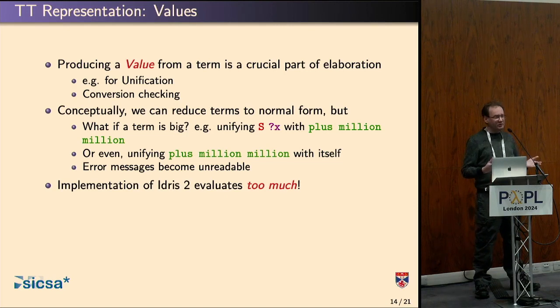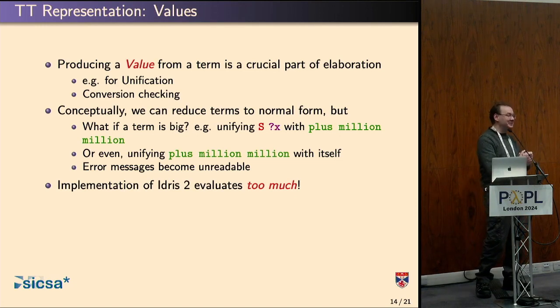But I already know it's just 1,000,000 plus 1,000,000, so I shouldn't need to go any deeper into the expression to do that. So we don't necessarily know in advance which of these strategies is going to be the right thing to take. So again, thanks to Thierry Coquand, possibly. So this is a glued evaluation. Again, I learned this from Andras. I should have known it already, but again, you made it clear to me, so thank you.